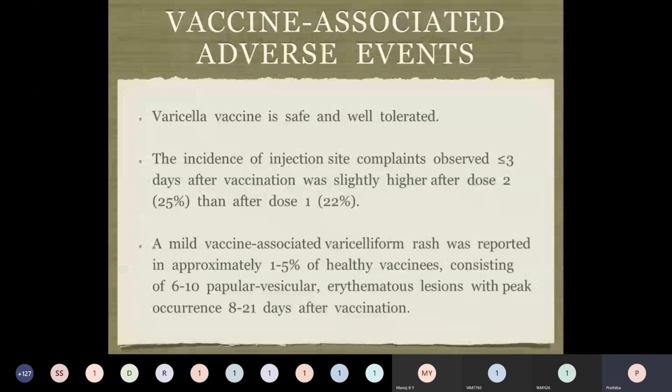A mild vaccine-associated varicella-form rash has been reported in approximately 1 to 5% of healthy vaccinees, consisting of 6 to 10 papulovesicular erythematous lesions, with a peak occurrence of 18 to 21 days after the vaccination.